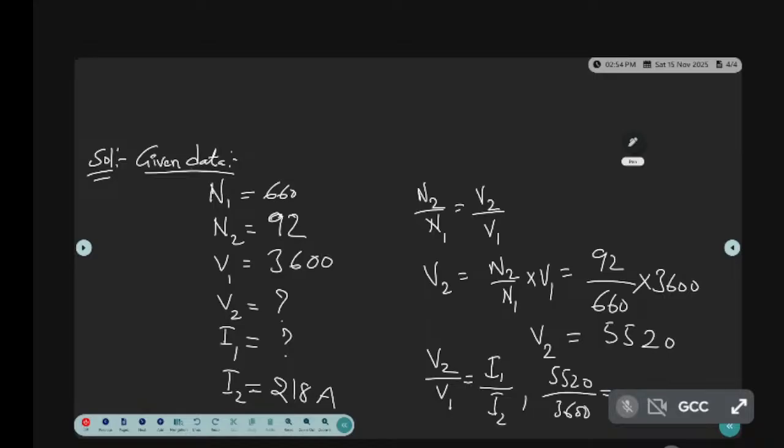Is equal to I1 by I2, so we have to find out I1. So we obtained I1 is equal to 334.6 something. So this is the way of doing the transformer problems. Okay?